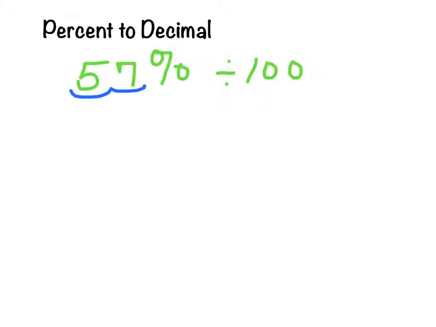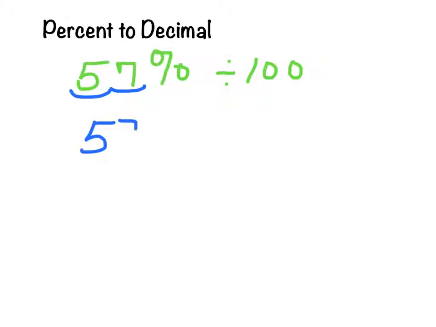Going from percent to decimal is equally as easy. If I have 57%, I'm going to be running away from my percent sign. So therefore, this time I'm going to be moving my decimal to the left. I'm technically dividing by 100. So therefore, my decimal point likes to hide right here, and I'm running away 2 places away from the percent sign.